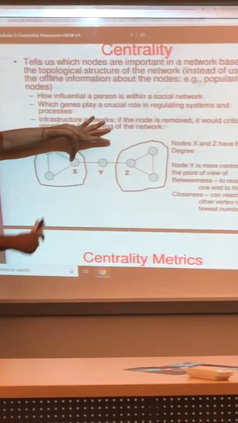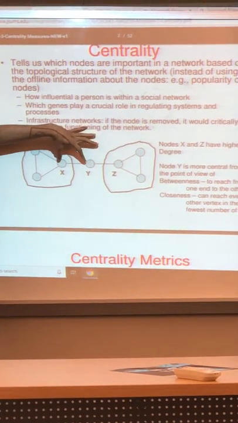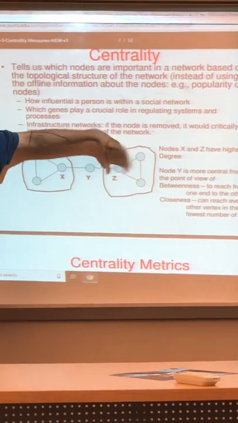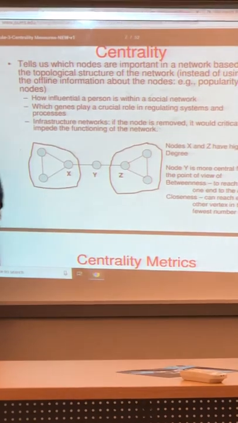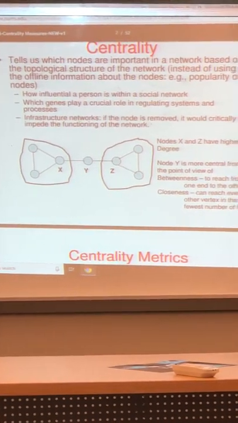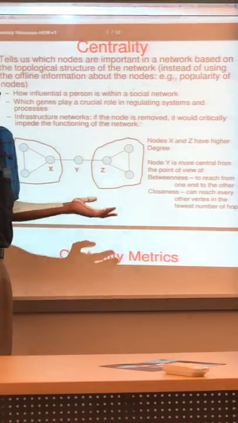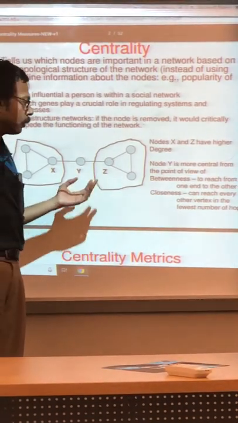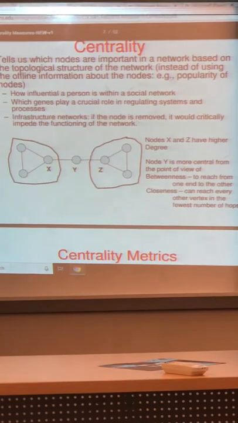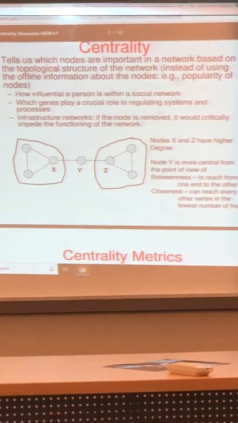Whereas X has a shortest path of length 1, 2, 3 to reach some vertices. So it's the length of the shortest path. If a vertex is closer to every other vertex, then it may be more important. So on this basis, you have different things that you can use to rank the vertices.